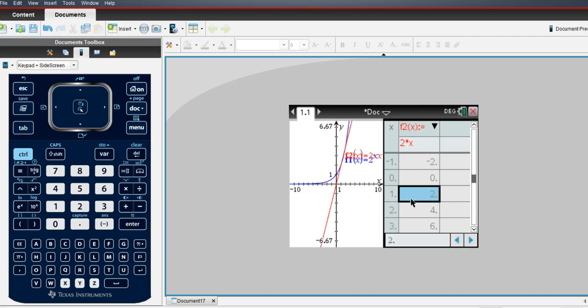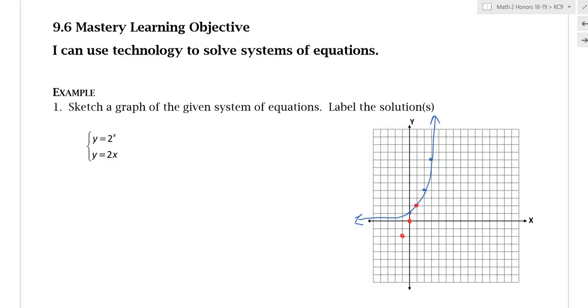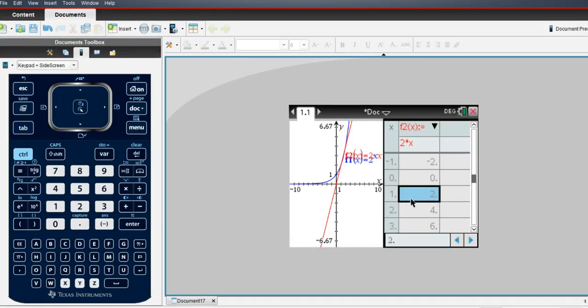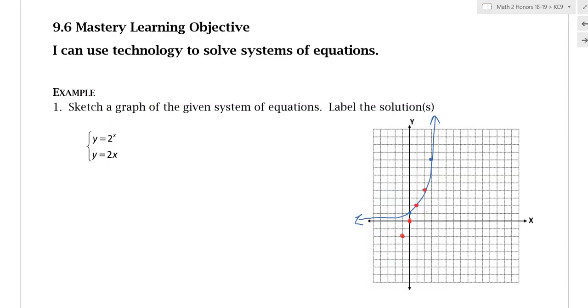Our next point is 2, 4. Our next point is 3, 6, and we can probably keep filling them in without checking. 4, 8, 5, 10. Right, so we get this lovely line here.